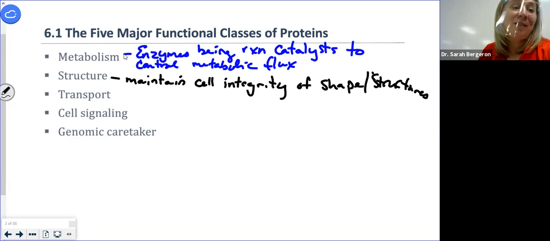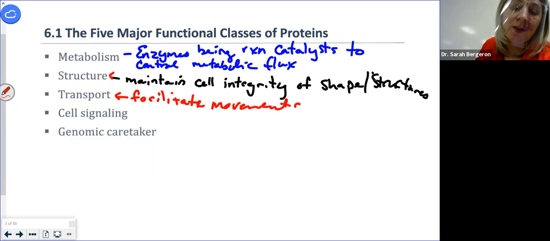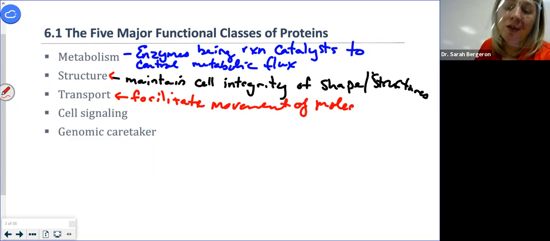All right, transport. These are super important, right? And they really do work hand in hand with structure very often. So in transport, we want to always be facilitating movement of molecules, because we have to move molecules within the cell.